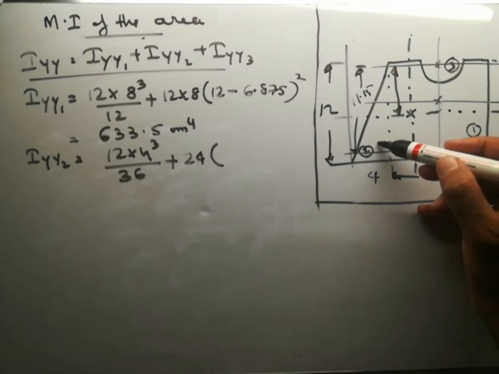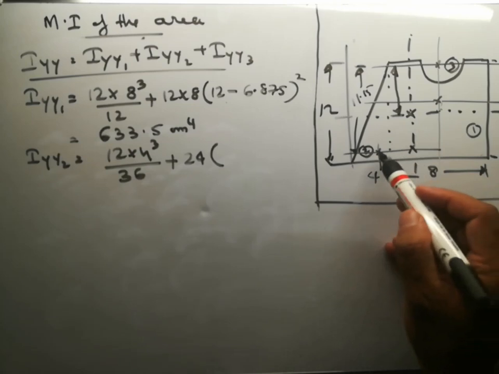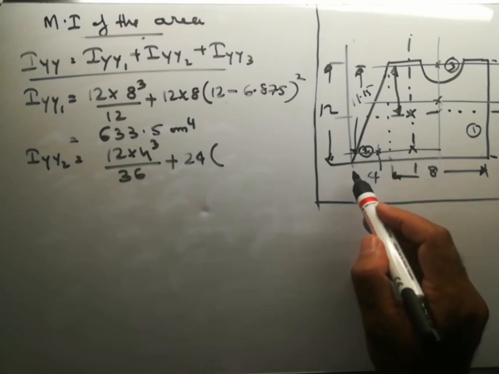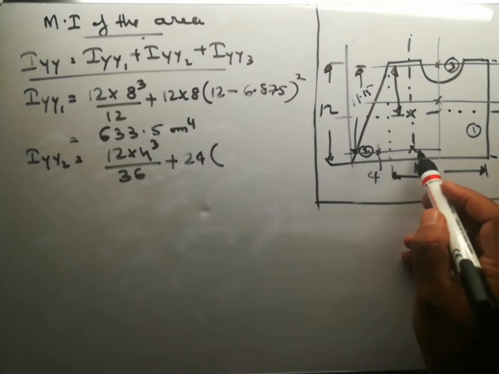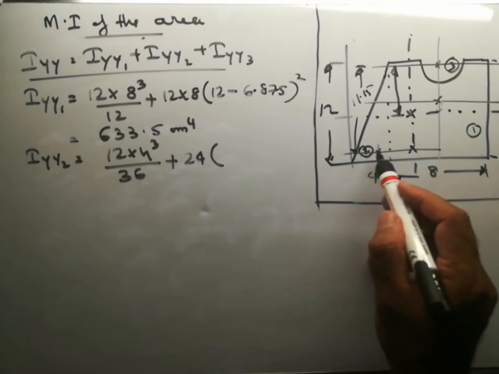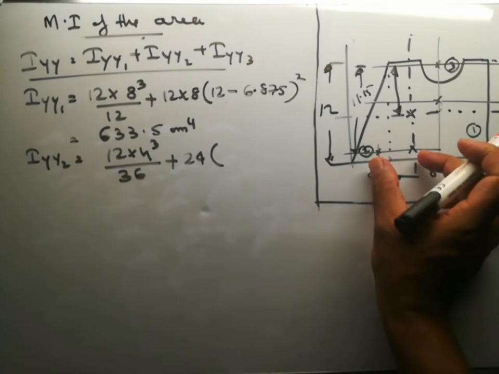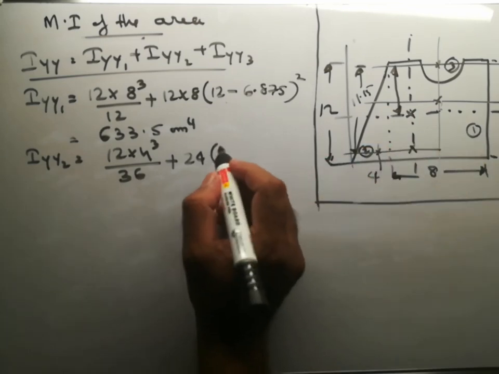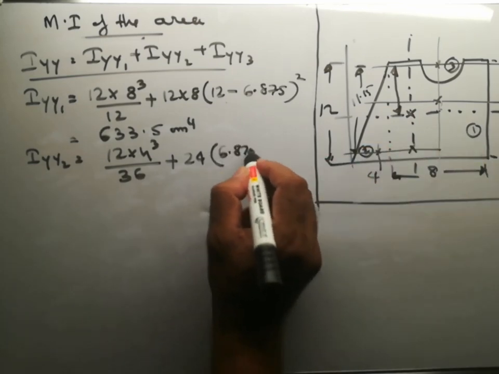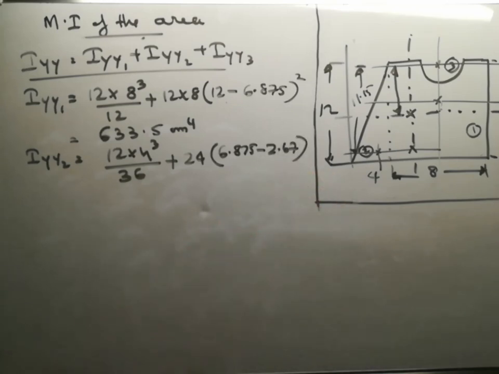So this will be the centroid of this right angle triangle. This is the centroid distance. So it will be x bar minus this value. X bar minus this value will give you this distance, that is h. So it will be 6.875 minus 2.67, which is x2.